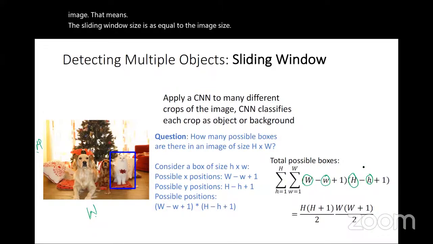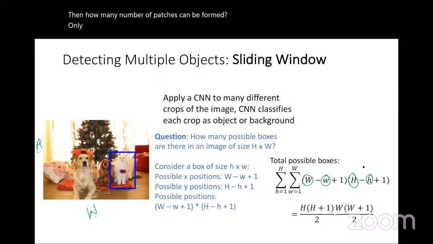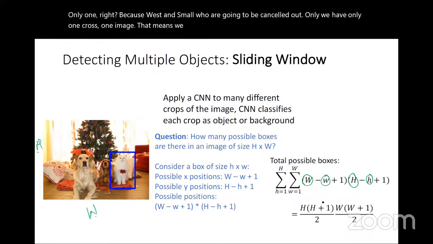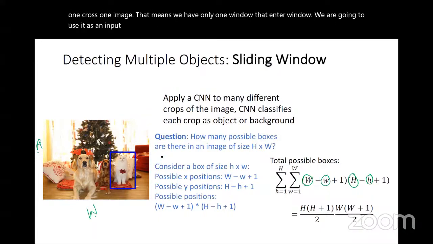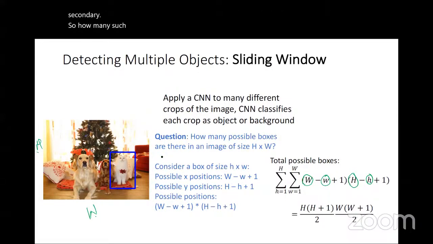Then how many patches can be formed? Only one, right? Because W and small w cancel out. We have only a 1x1 grid. That means we have only one window. That entire window we use as an input to the CNN model. Whether that particular window is good or bad is secondary. So how many such windows are possible matters, right?